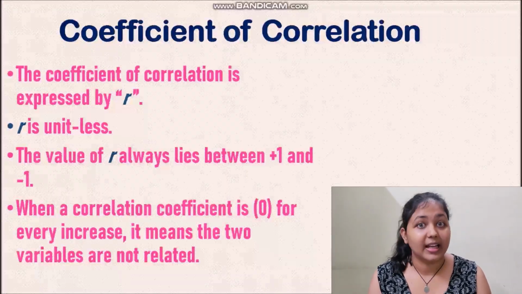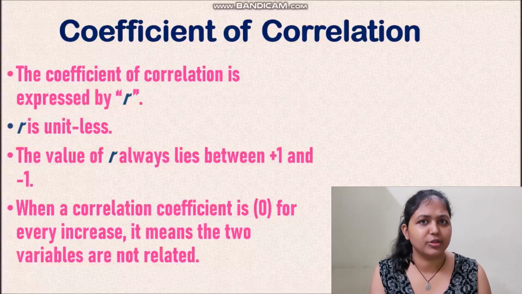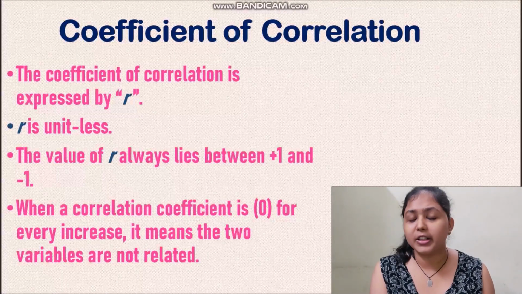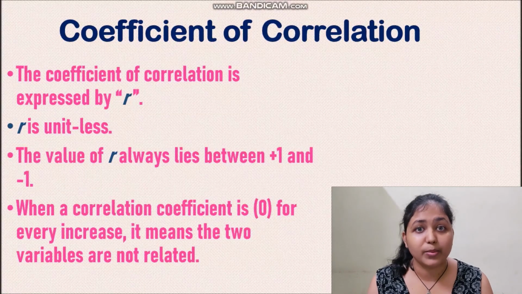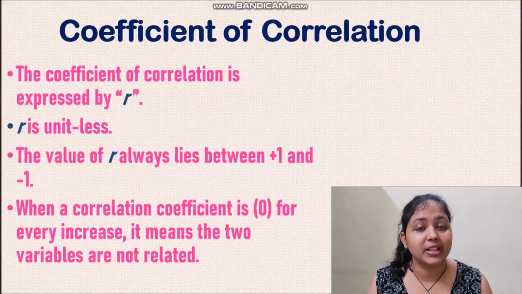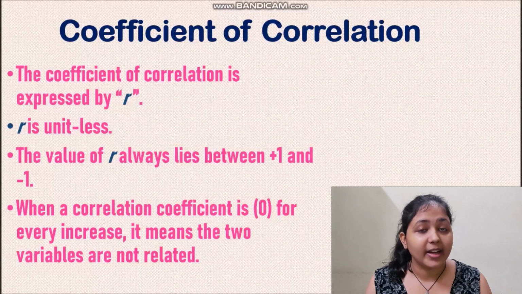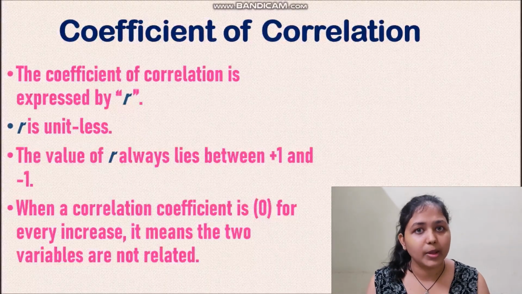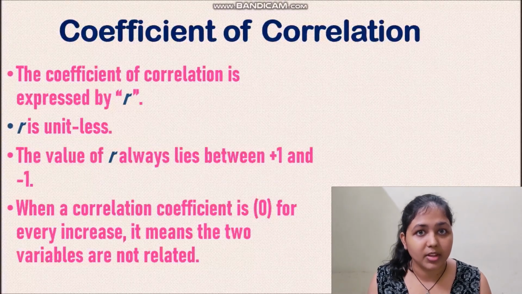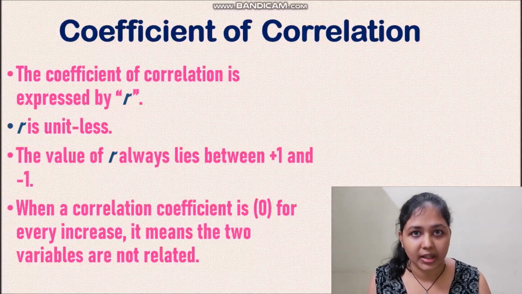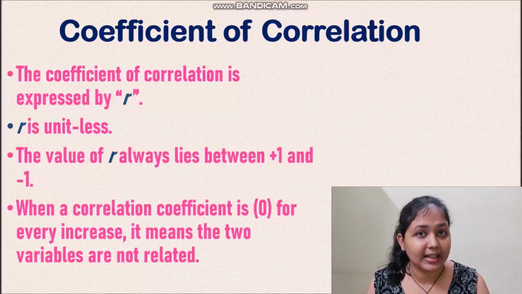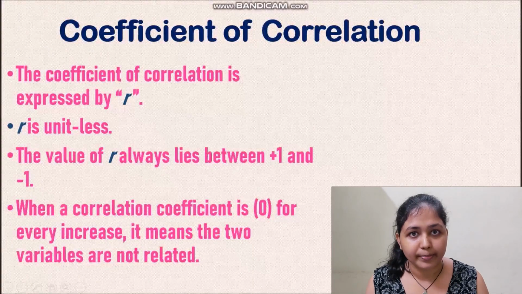That means that if I'm finding a correlation between height, which is given in feet, and weight, which is given in kilograms, the r would be, let's say, 0.7. There would be no unit after it, no kgs, no feet, nothing. So r is unitless. It's a pure number.